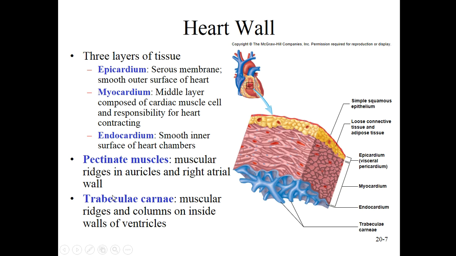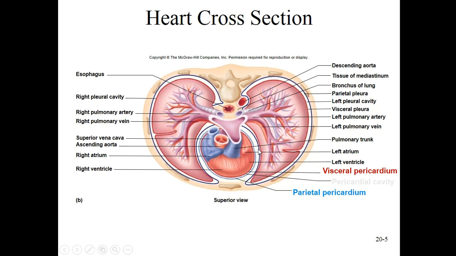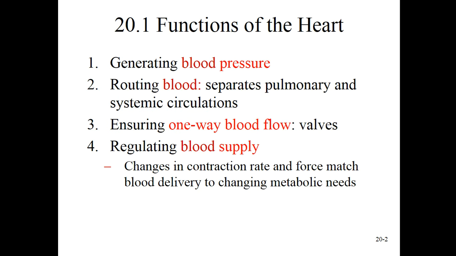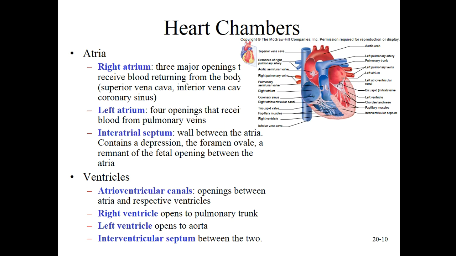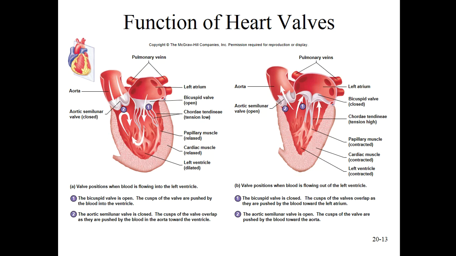Let's see, what else do we see? The trabeculae carneae are these big meaty ridges that we see on the inside of the heart. We see them also in this picture here. Papillary muscles are attached to the tendinous cords, those safety lines.